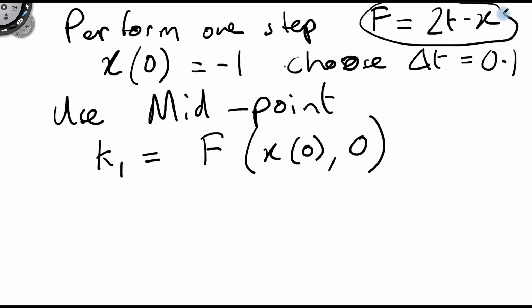So we just plug in x0 is minus 1 and t is 0, and we end up with 1.